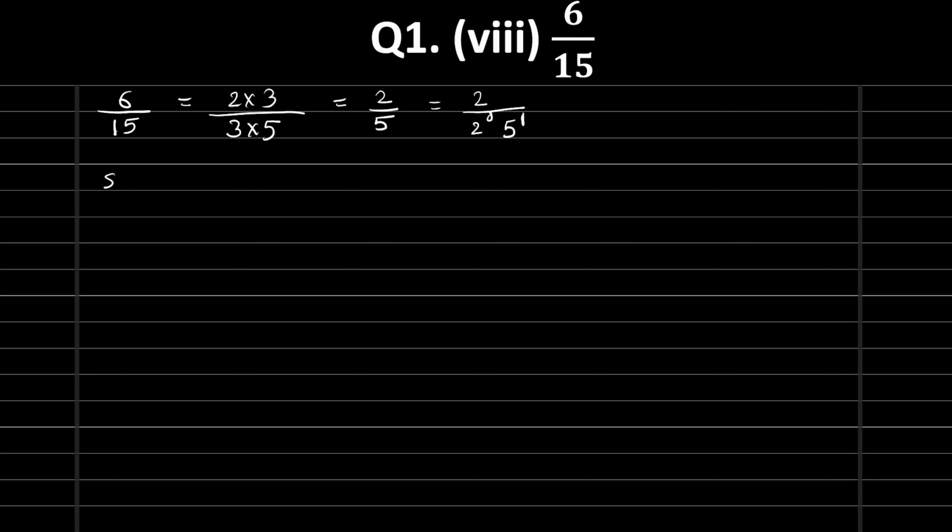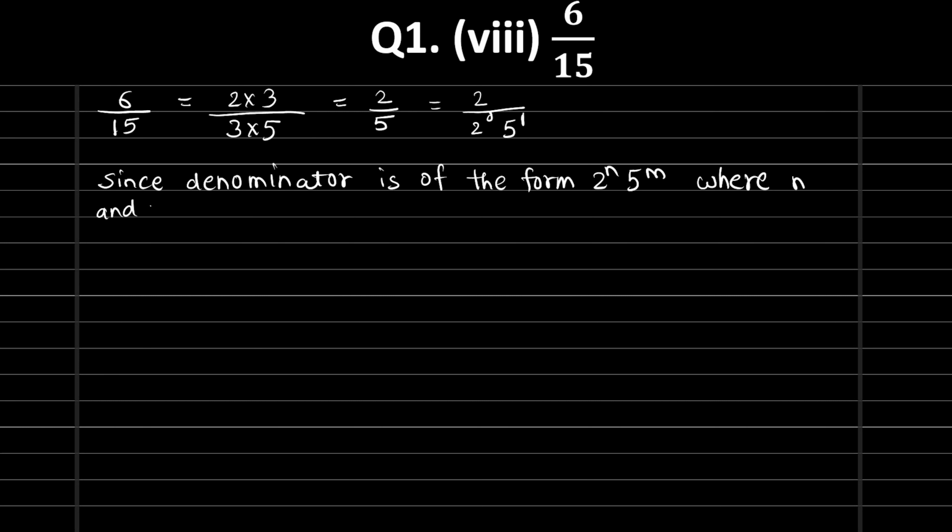So clearly, since the denominator is of the form 2 raised to n into 5 raised to m, where n and m are whole numbers, we can see the denominator, this 5, can be written in the form of 2 raised to 0 into 5 raised to 1, right?